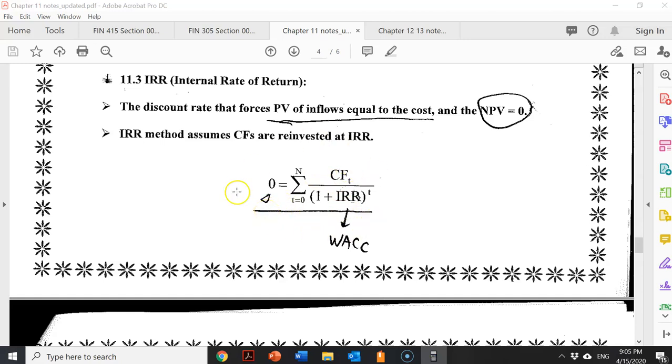So it's similar to the NPV formula, but we set NPV as 0 here. If we discount all the cash flows using IRR, we have a present value of 0. And when NPV equals 0, it means that the present value of inflows equals the present value of the outflows or the cost. That's why we have NPV as 0.